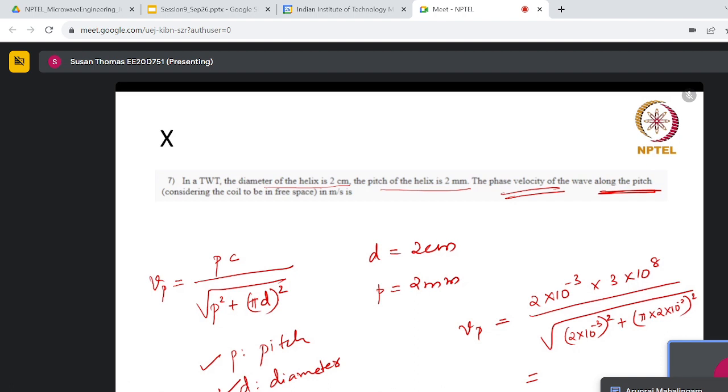Okay, so you have 9.54 into 10 power 6. Okay, let me just check it.